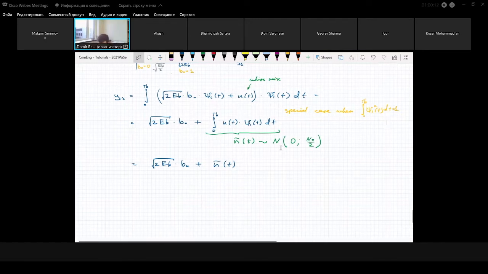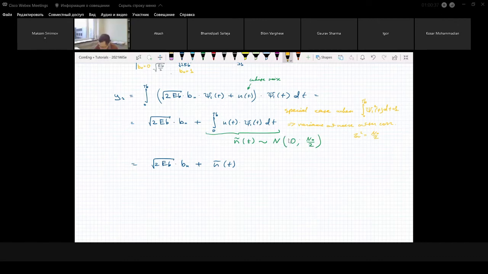Then the variance of noise after correlation will be N0 over 2. Variance of noise after correlation, sigma n squared, equals N0 over 2. This is a special case.